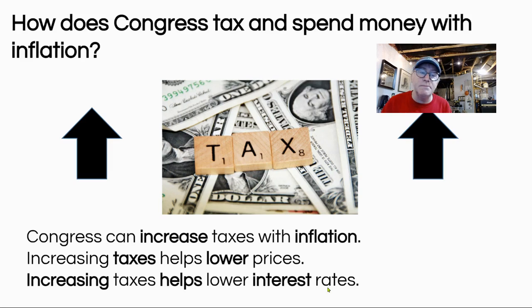So we have less money to run to Walmart to buy things. And when fewer people are going, Walmart might decide to lower the prices because there are not as many customers as there were before.